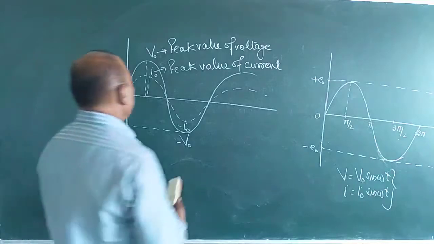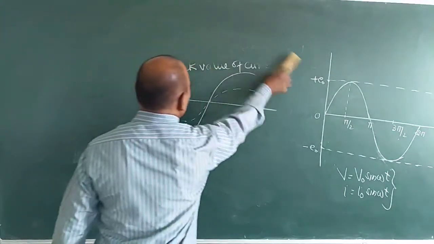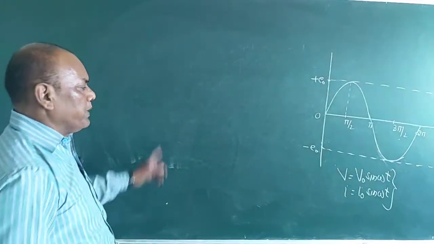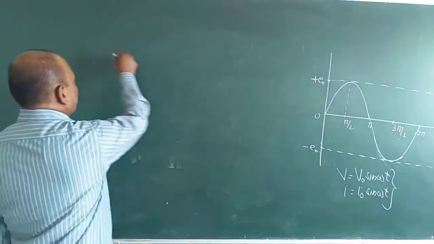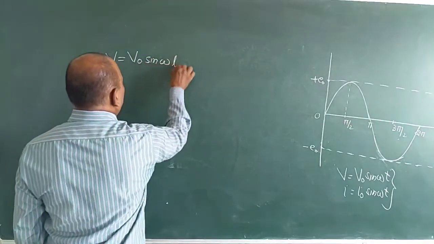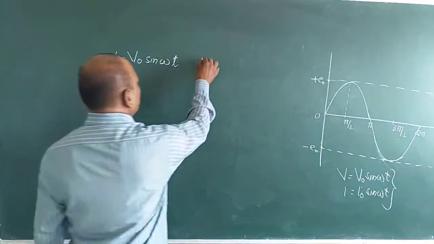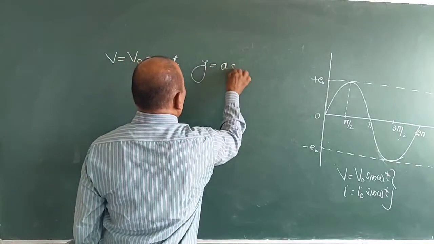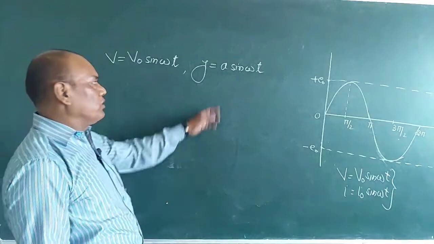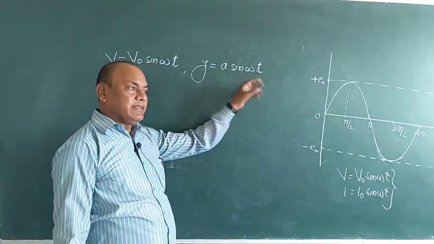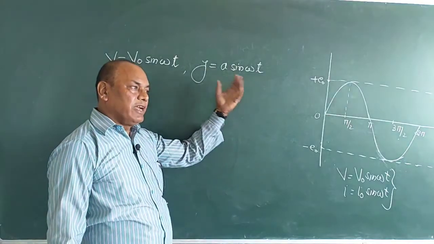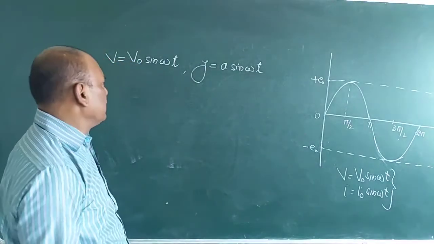Now here, if we compare this equation, V is equal to V0 sine omega t, to Y is equal to A sine omega t, Y is equal to A sine omega t is the equation for displacement of a particle oscillating in simple harmonic motion.